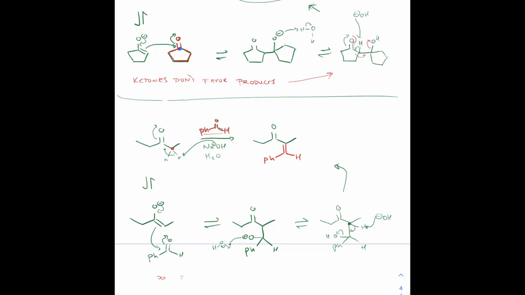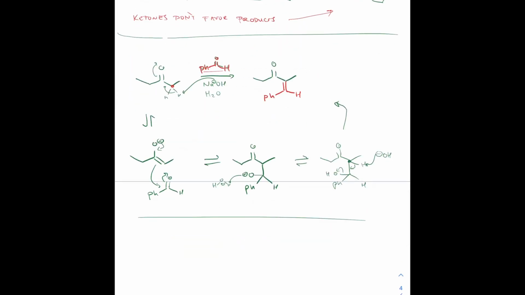Essentially, that carbon-oxygen double bond is replaced with the carbon-carbon double bond, and the oxygen is omitted. So what we want to do is think about that oxygen being gone, and then a new carbon-carbon double bond forms between the original carbonyl and the alpha hydrogen that forms the enolate.